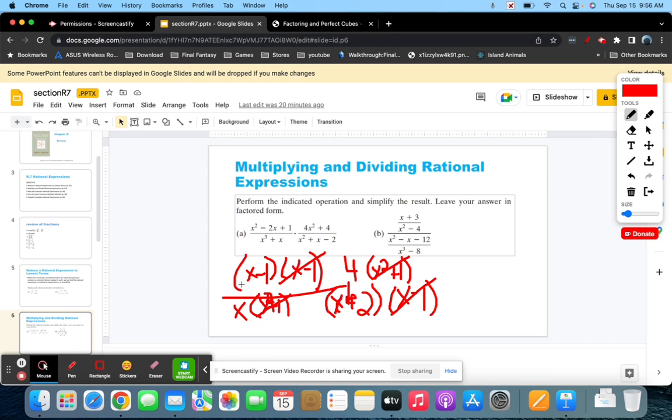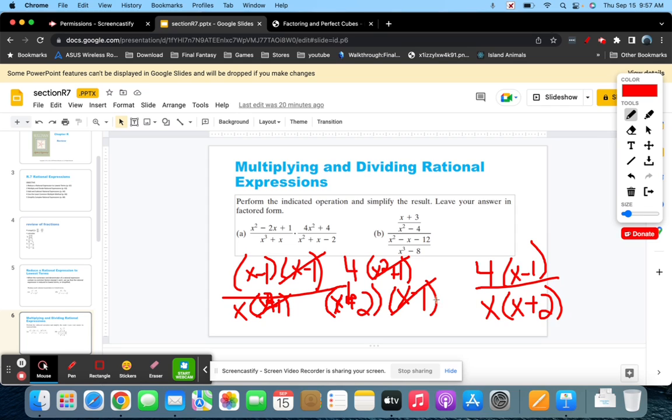Okay, so I'm left with 4 times x minus 1 on the numerator, and on the denominator, I'm left with x and x plus 2. And that would be the fully factored form for part A.